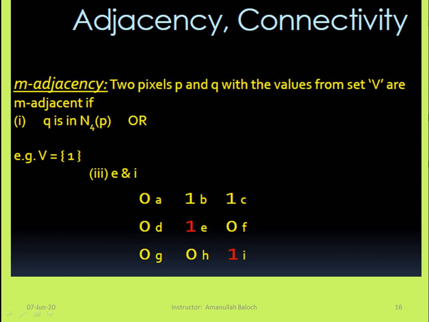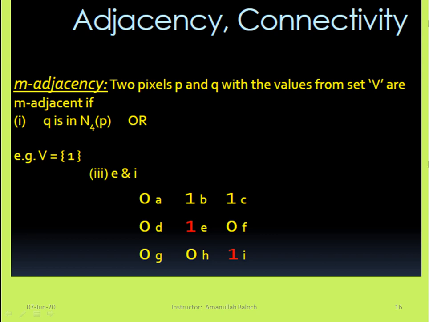This is P, this is Q. Q does not lie at the N4 of P position, because B and H are at N4 of P position, and D and F are N4 of P position. This I is not at N4 of P position. If we consider E as P, then I is not at N4 of P position.